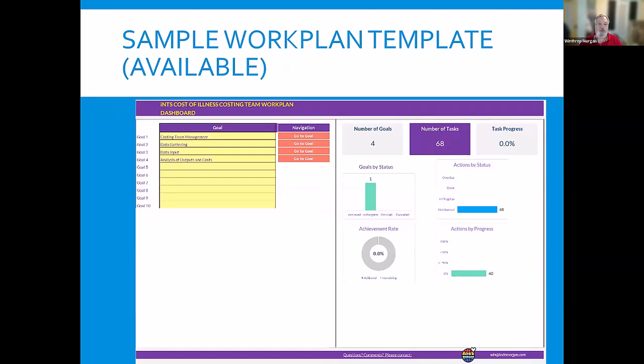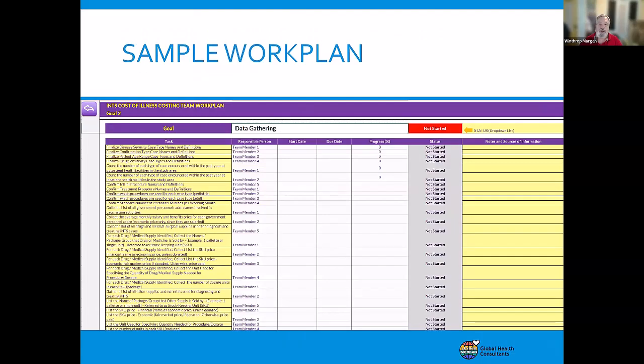And when you go to the goals, that's going to take you to tasks that each person needs to do, when it's started, when it's due, and also what its current progress is and any notes. So you can download that from the folder that I showed you before at the beginning of this talk. You might find it useful. I hope you do.